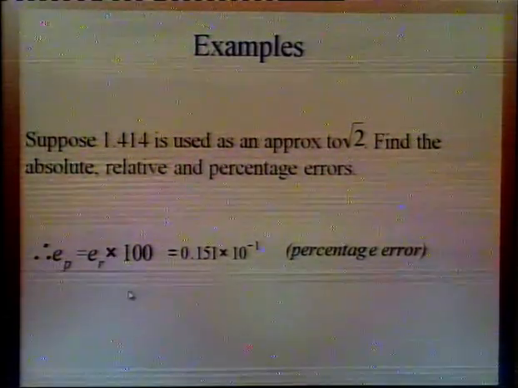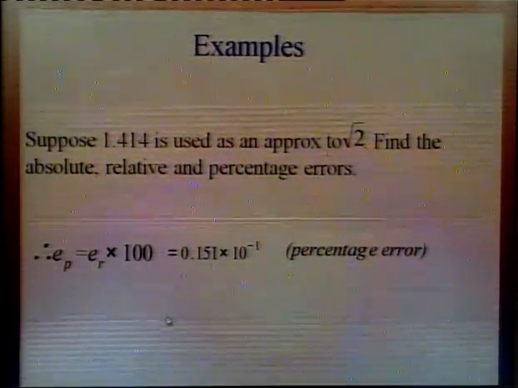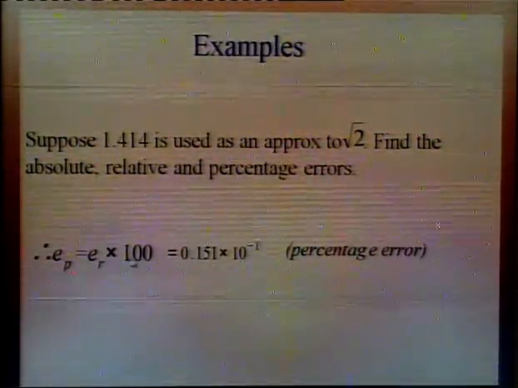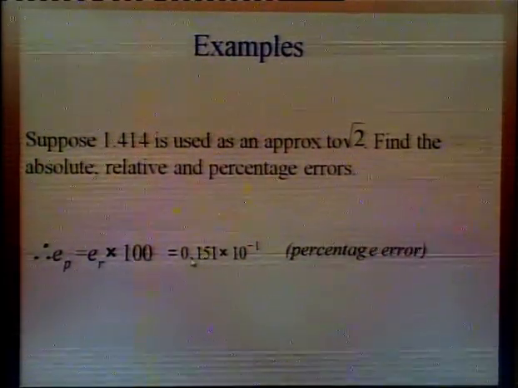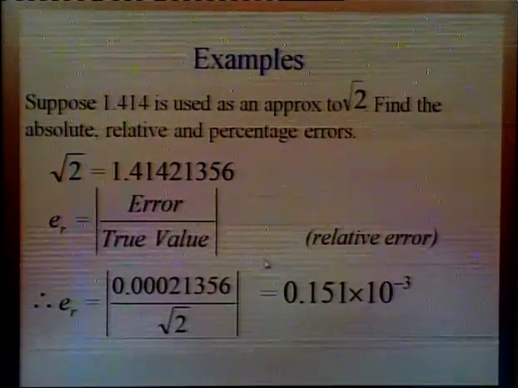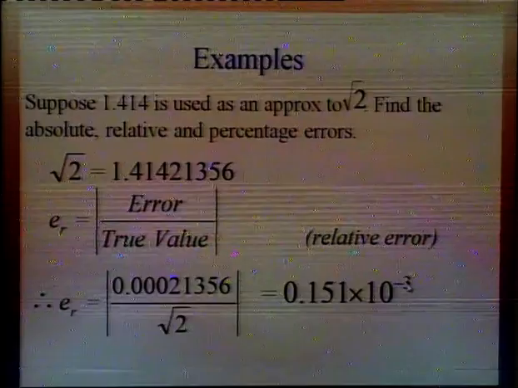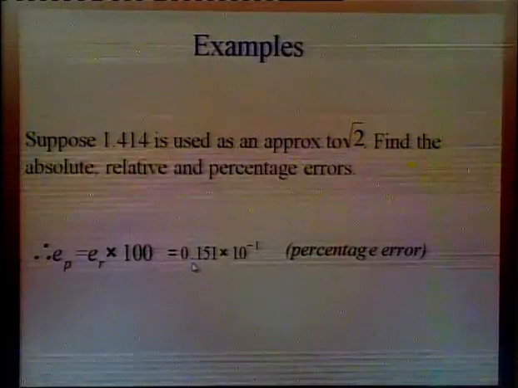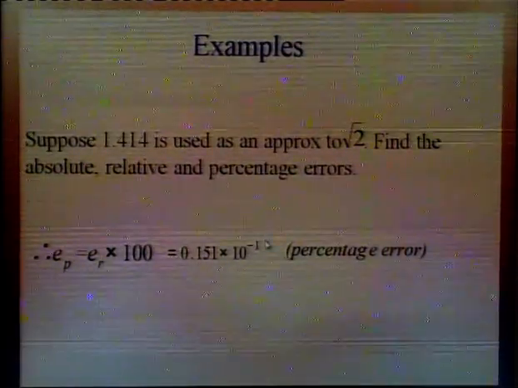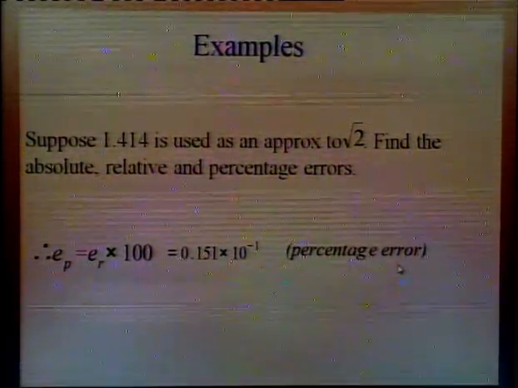Next we calculate the percentage error. If we multiply relative error by 100, we get percentage error. After multiplying 0.151 into 10 raised to power minus 3 by 100, we get 0.151 into 10 raised to power minus 1. This is the percentage error.